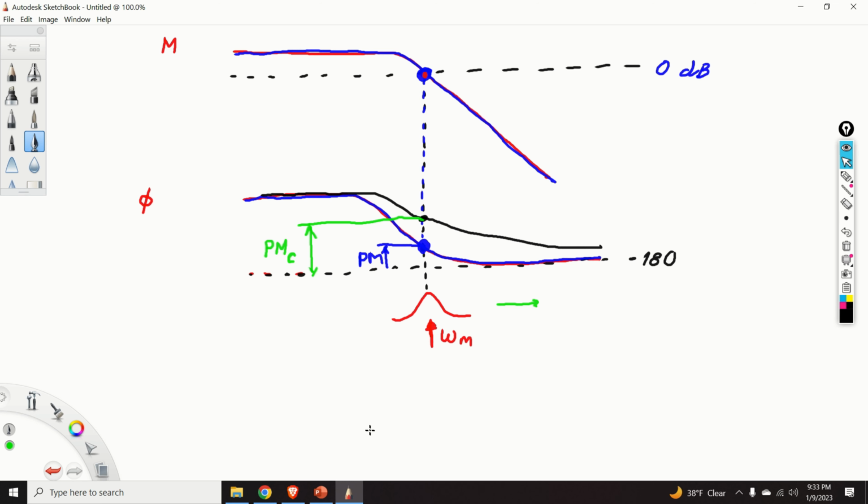Remember here that the magnitude of the phase lead compensator looks like this, where this is 0 and this is positive magnitude in decibels.